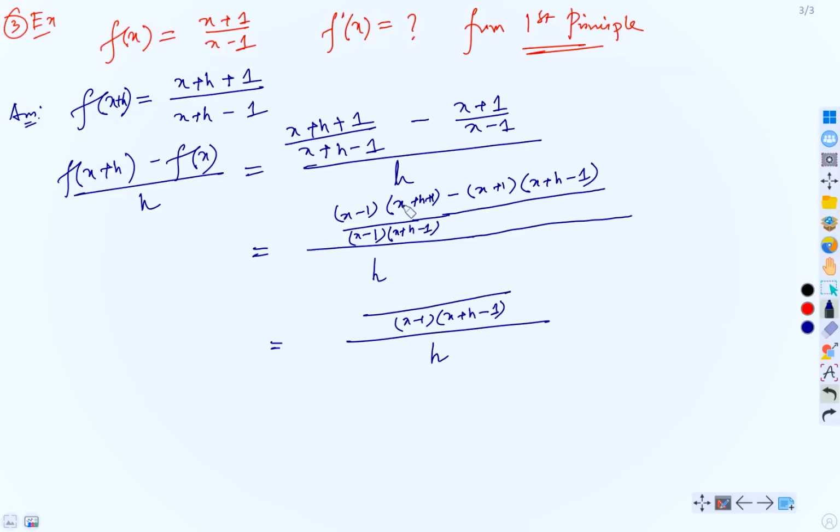If we now simplify the numerator, what will happen?